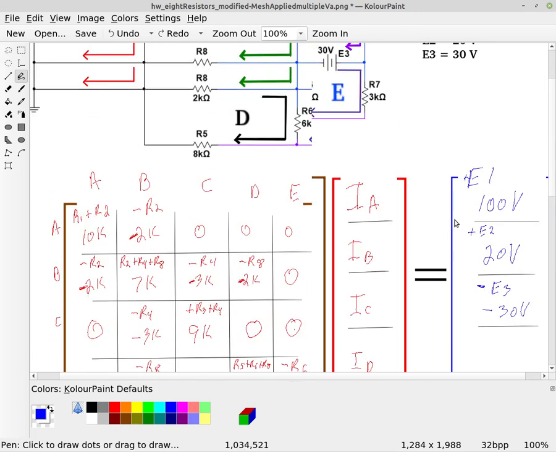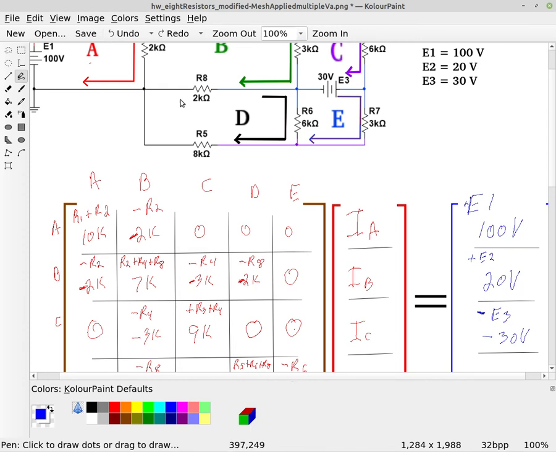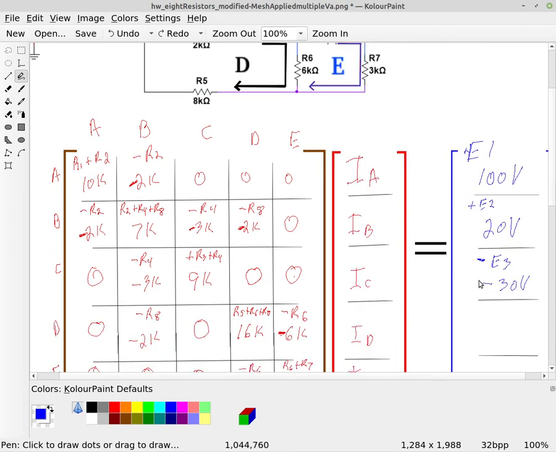All right, so now we're at loop D. So here is our loop D. Loop D doesn't have any voltage sources, only resistances. So we come to D, and that's simply going to be a 0. Okay, so there are no voltage sources. Just abbreviate that. And so that's simply a 0.